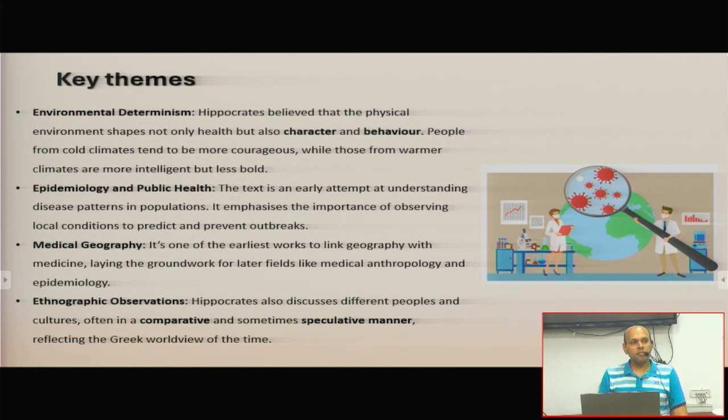Gitanjali, which one do you think is incorrect? What else is incorrect over here? Okay, how many agree with her for ethnographic observation?